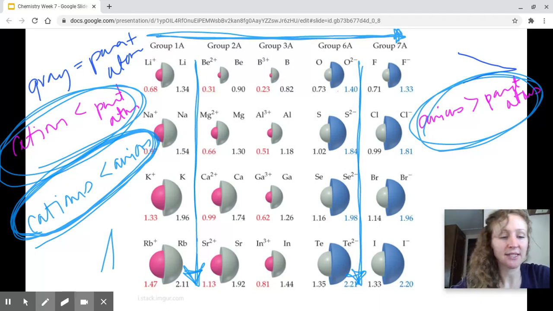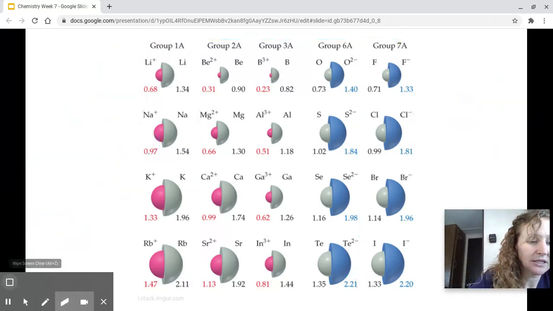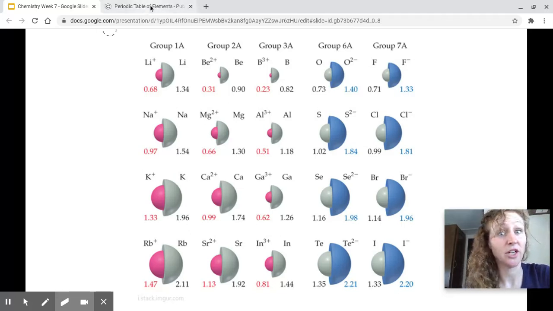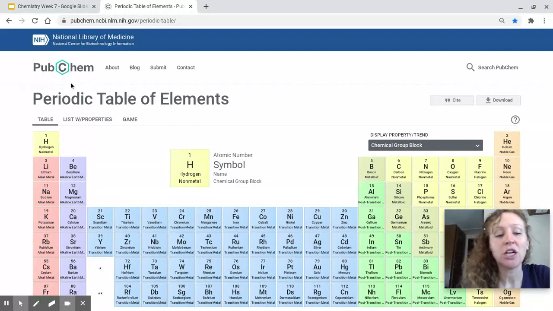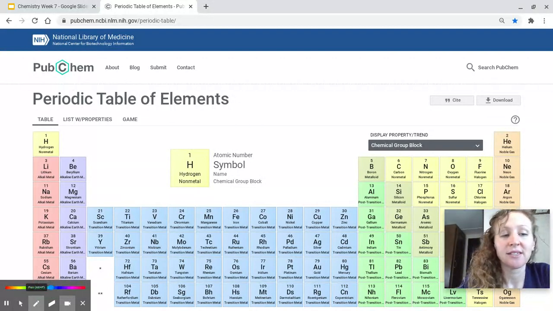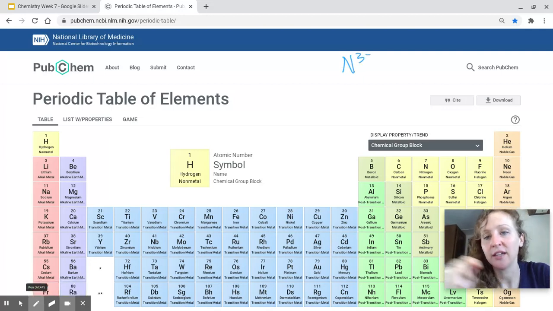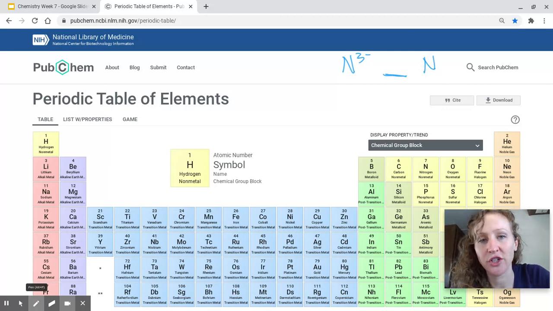So let's do a little practice here. Let's go back up to a periodic table, since that's what you're going to have to look at on the test. Tell me, the ion of nitrogen, the nitride ion, versus the parent atom of nitrogen. How will those 2 things compare?